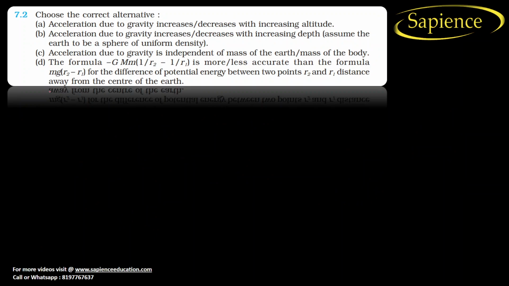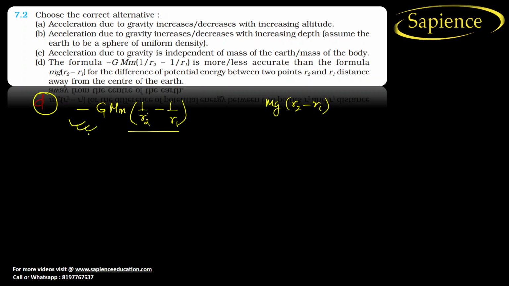Now see, in section D, it is written that the formula for minus G into capital M small m into 1 by r2 minus 1 by r1 is more or less accurate than the formula for mg into r2 minus r1 for the difference in potential energy between two points. So if we want to find the difference in potential energy, we have to use this formula only.